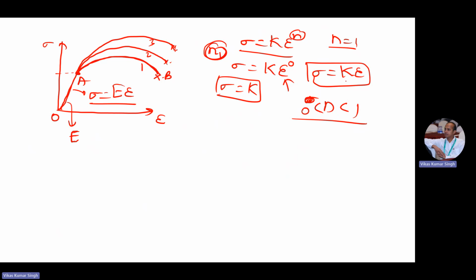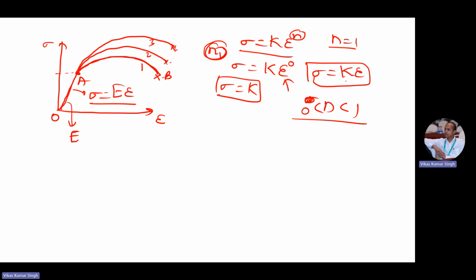Then you will get the idea of what the business of n is, and what epsilon dot and epsilon mean, all will be clear. Just do some practice and relate it. Basically, you relate, then you will get the mechanism of how this is happening. N value is 1, n value is 0, n value is between 0 and 1. How these are related with the curve, and what the meaning of hardening is, all these things will be clear. I hope this is clear.